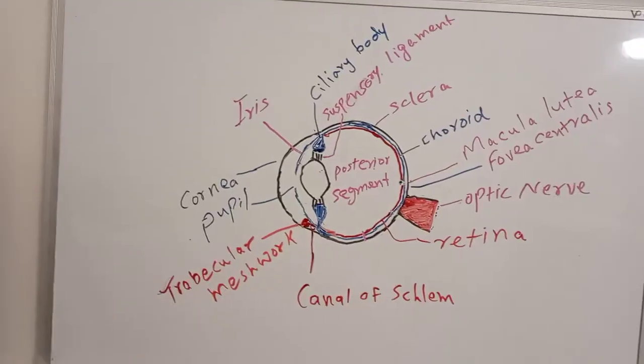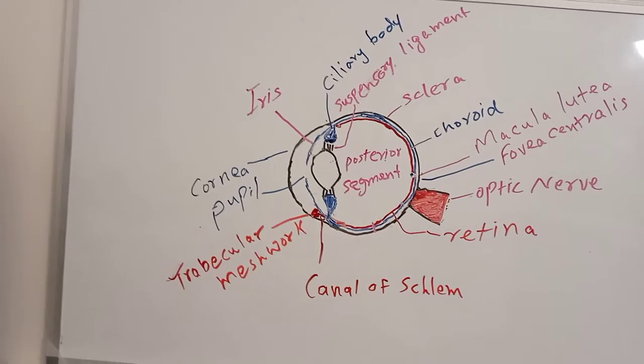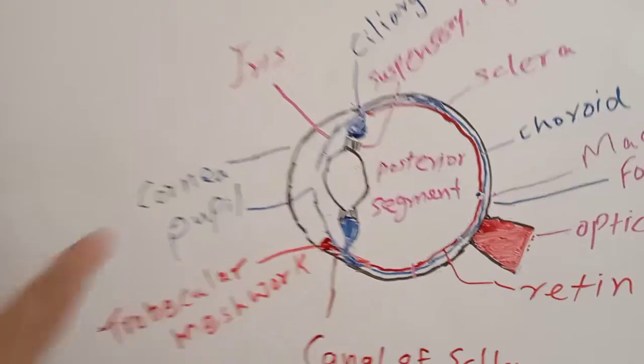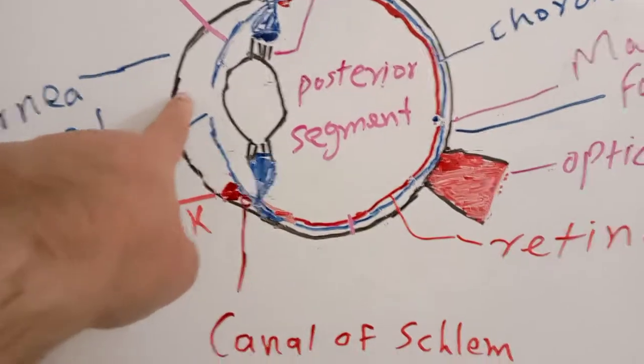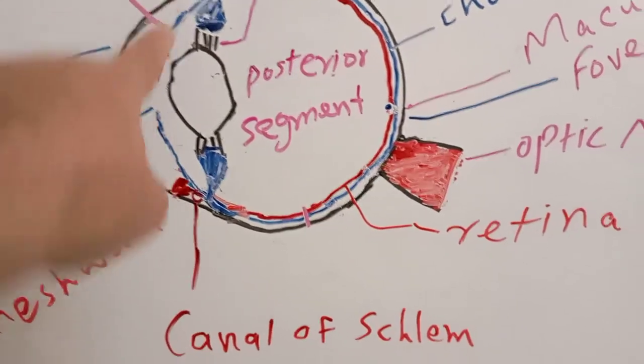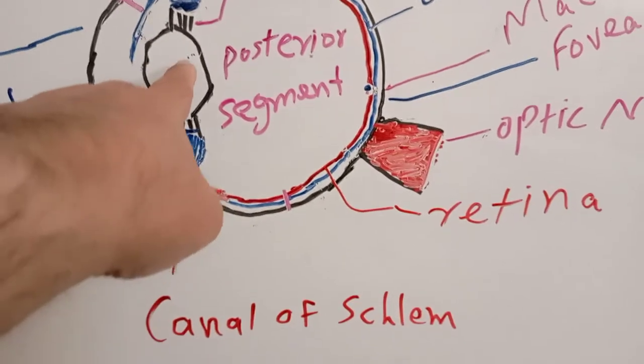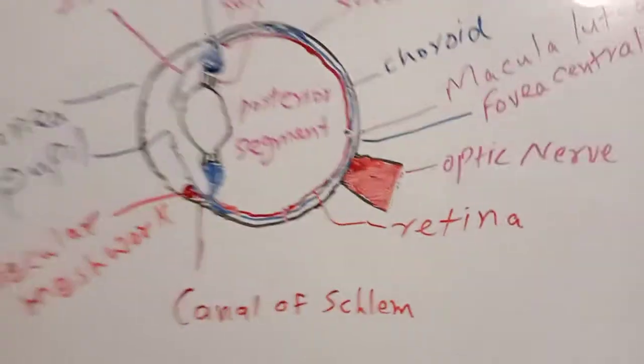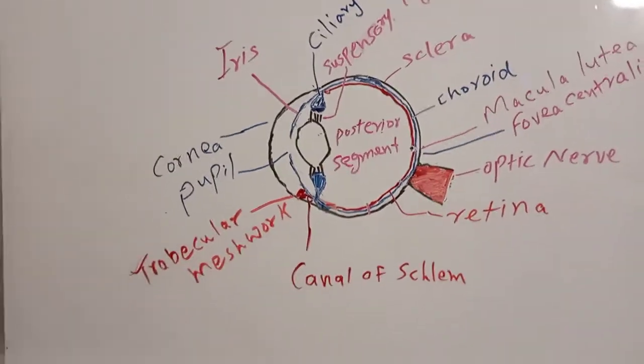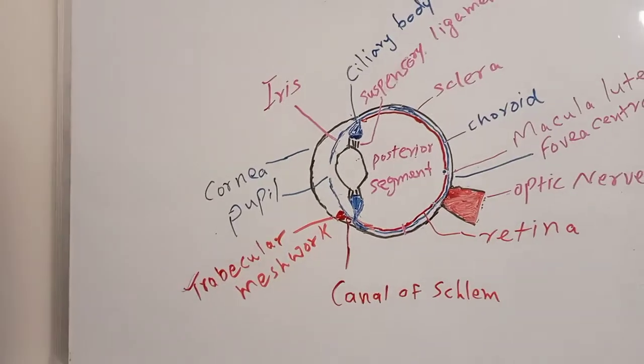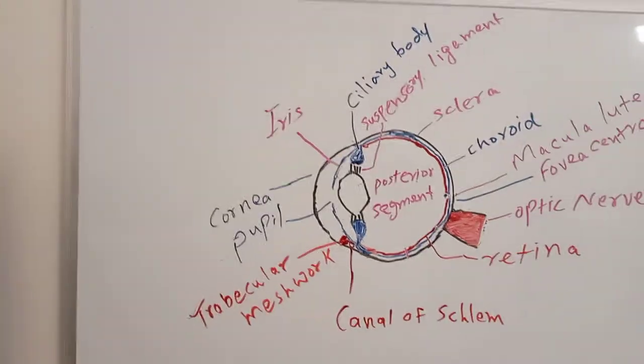The lens is also known as the crystalline lens. This is cornea, this is pupil, this is iris muscle on both sides, and this is lens. The lens is crystalline, transparent, and flexible.